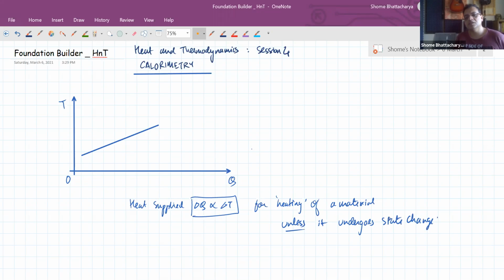Now today we'll also understand about state change. So unless it undergoes state change, this is the relationship between heat supplied and temperature change.